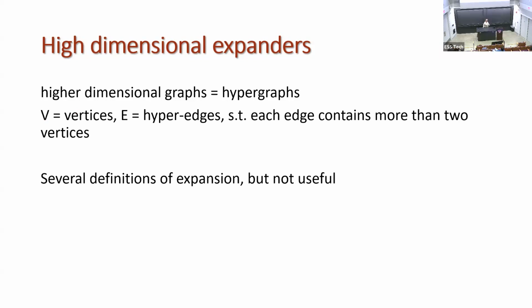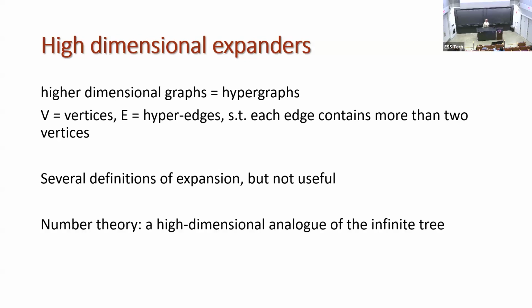In the past, there have been many different definitions of expansion for hypergraphs. It's natural to try to extend the old definition for graphs to the world of hypergraphs. But somehow they were useful in some directions, but not in the directions that I care about with relation to PCPs, for example.